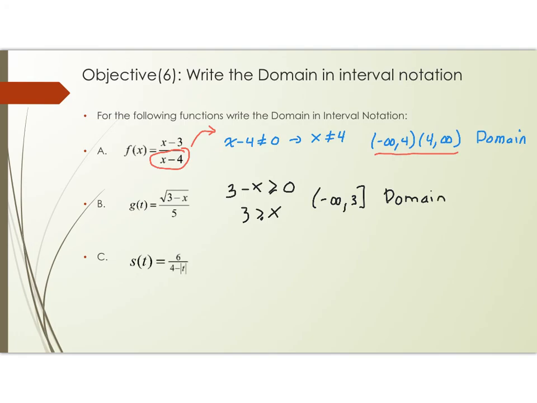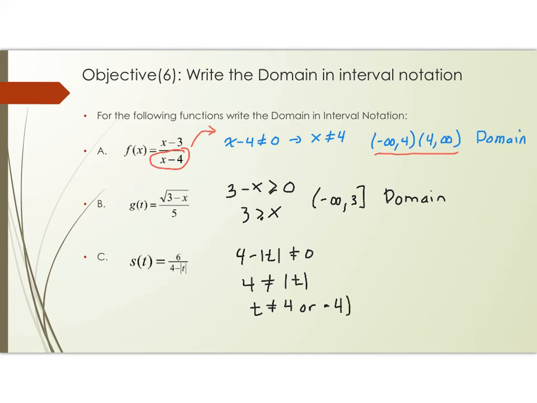In the last problem, again, we look at the denominator. Here we have 4 minus the absolute value of t cannot equal 0. So essentially this is saying that 4 cannot equal the absolute value of t, so t cannot equal 4 or negative 4, right?